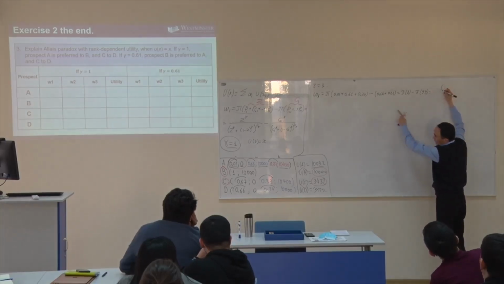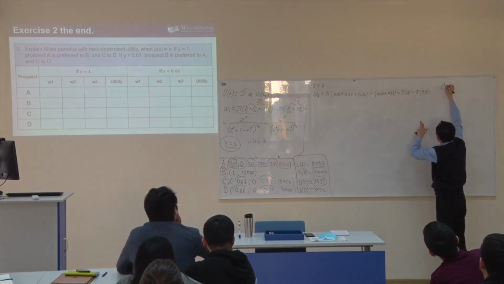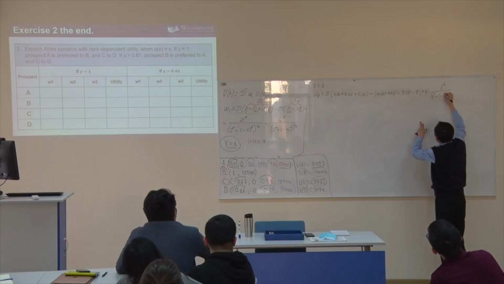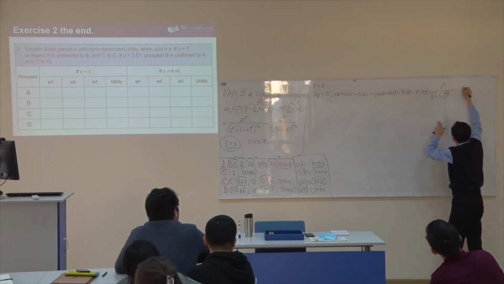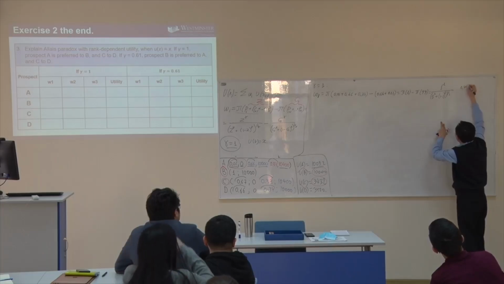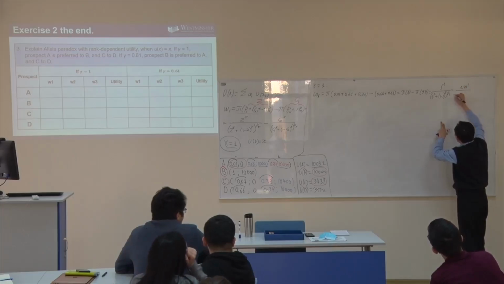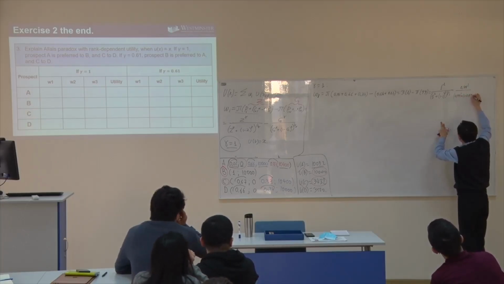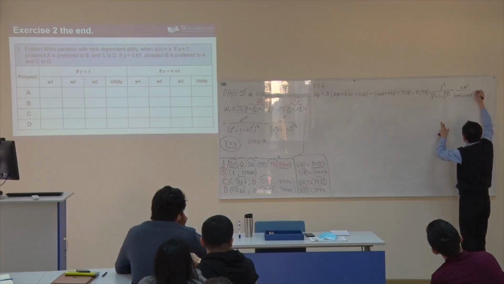1 to the power of gamma is equal to 1 over 1 to the power of 1 plus 1 minus 1 to the power of 1, 1 over 1, minus 0.99 to the power of 1 over 0.99 to the power of 1 plus 1 minus 0.99 to the power of 1, and this one is to the power of 1 over 1.